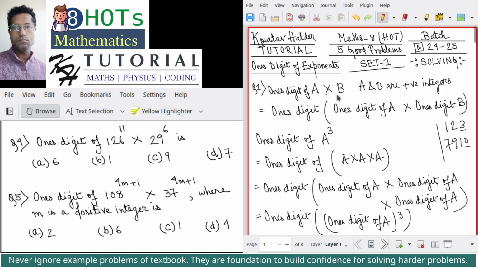This can be extended to more than two numbers, like a multiplied by b multiplied by c multiplied by d, any number of integers. The concept will be the same. You first find the ones digit of the individual numbers, and then you find the product of all those ones digits, and the ones digit of that product will be the final answer.